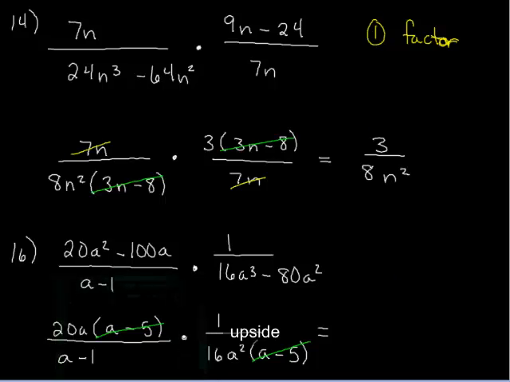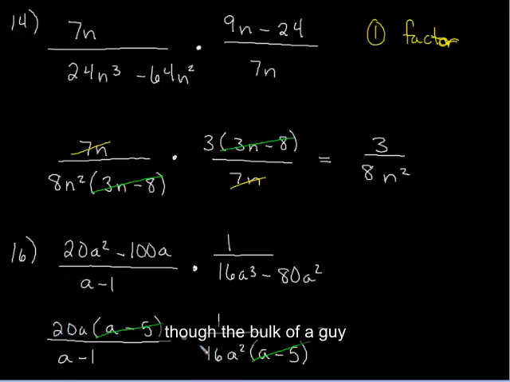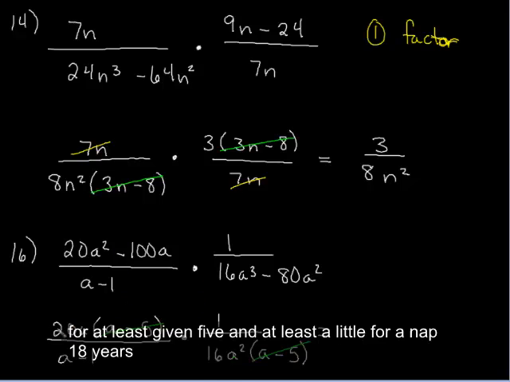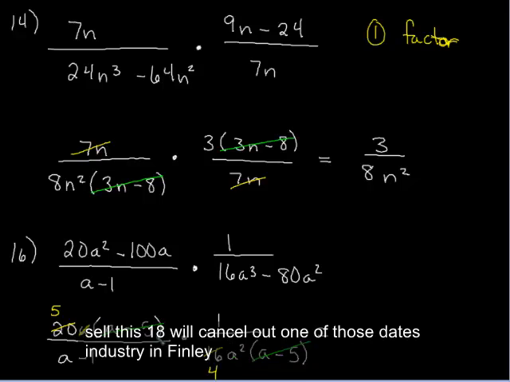Oh, sorry. And then when I look at this, I have a 20 and a 16. Those will both divide by 4. So that leaves me with a 5, and that leaves me with a 4. And I have 1a here and 2 a's here. So this 1a will cancel out one of those a's and just leave me with a single a. Do you guys all see that?